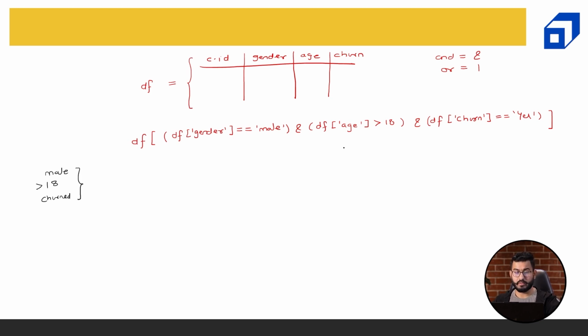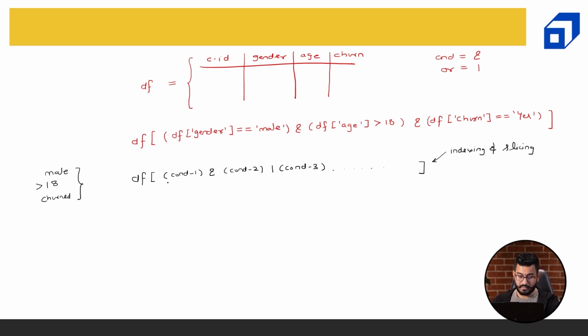Now if you look into the general pattern of how we have written the code, we have the variable data frame, then we have these square brackets for indexing and slicing, and then within these square brackets I'm having condition 1, then and or, condition 2, then and or, condition 3, and so on.